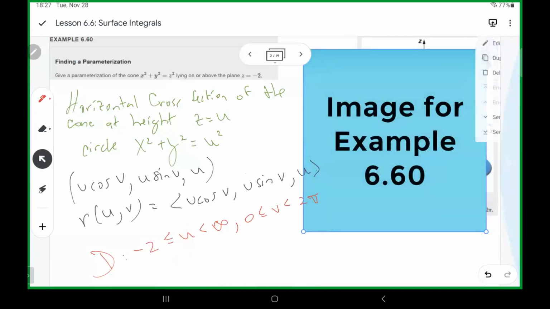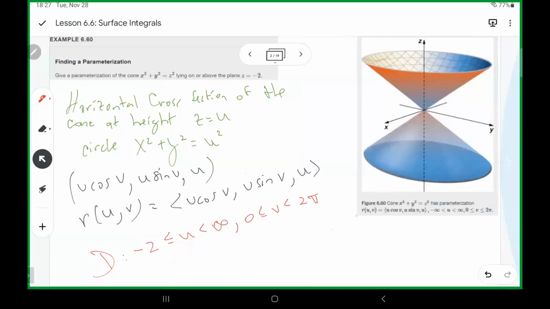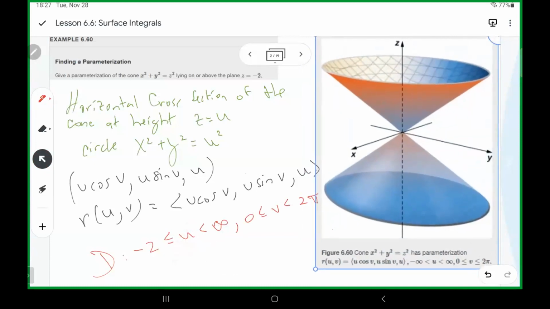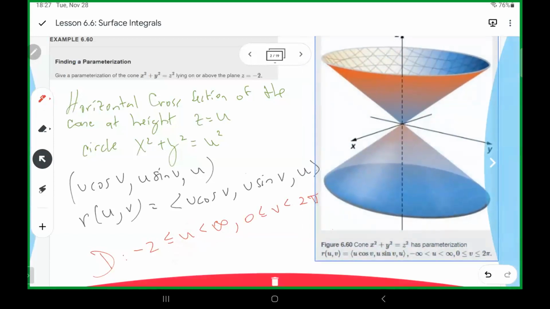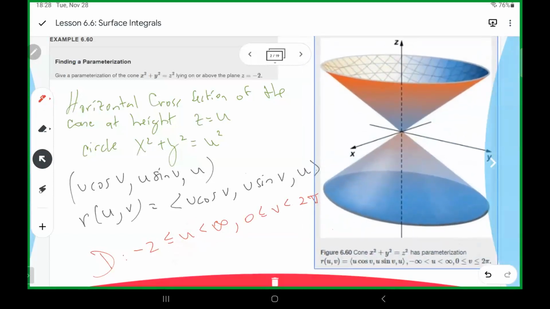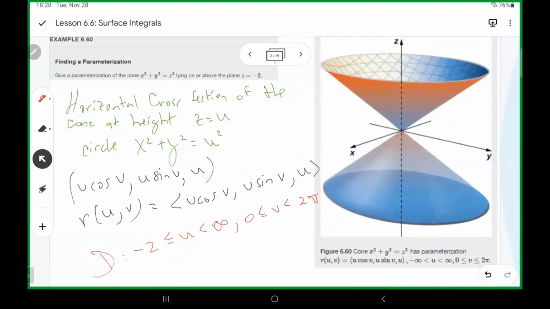And we will show you the picture. There is the picture.